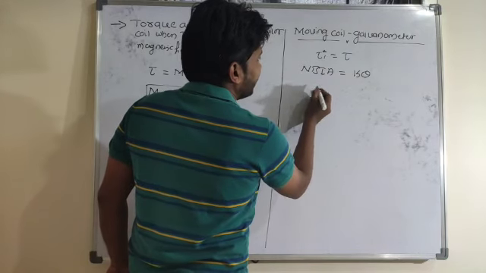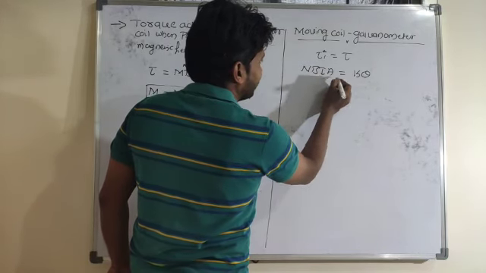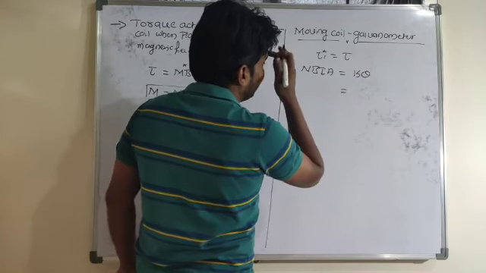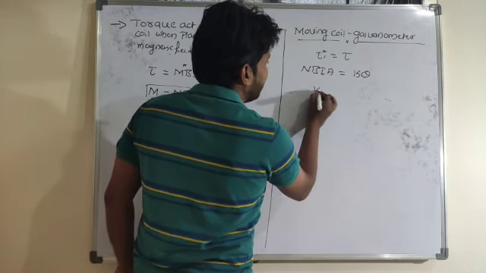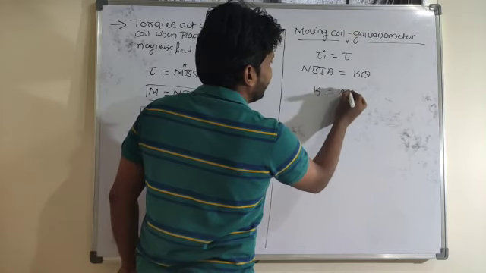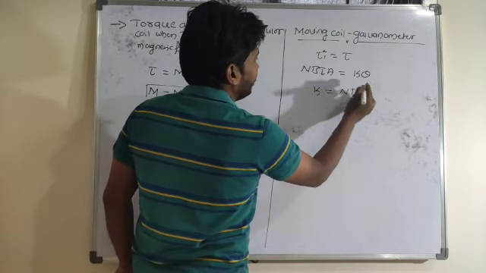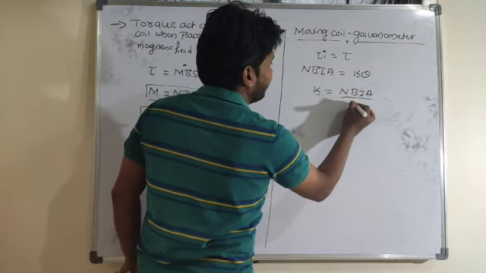So now let me consider the theta value here. For example, I will consider a constant value here. So k is equal to NBIA divided by theta.